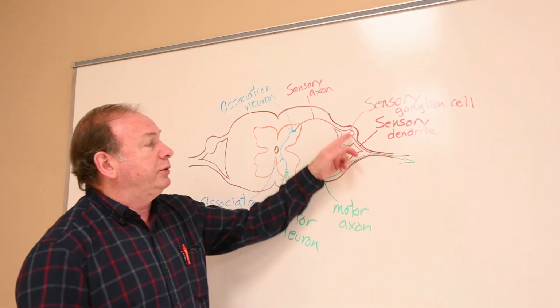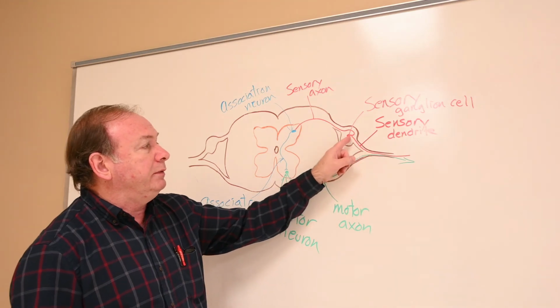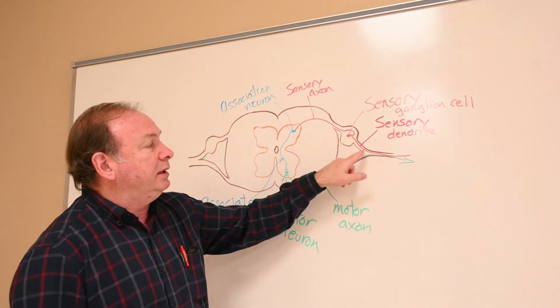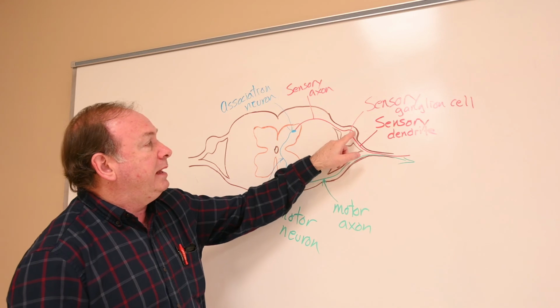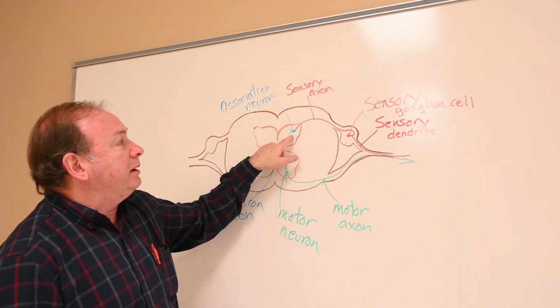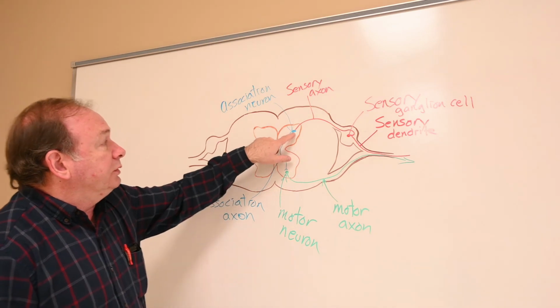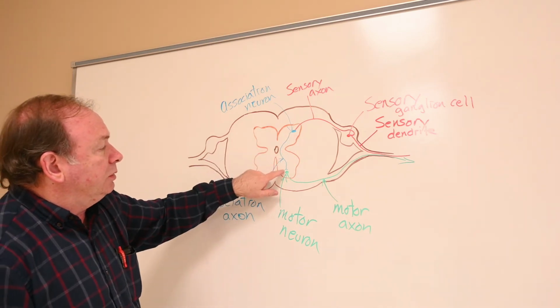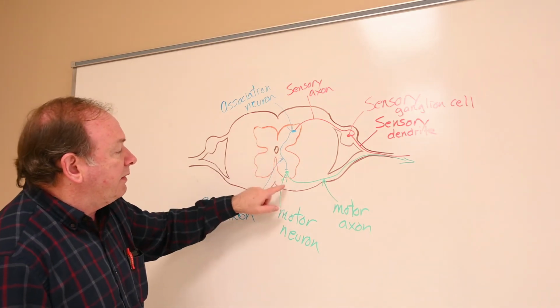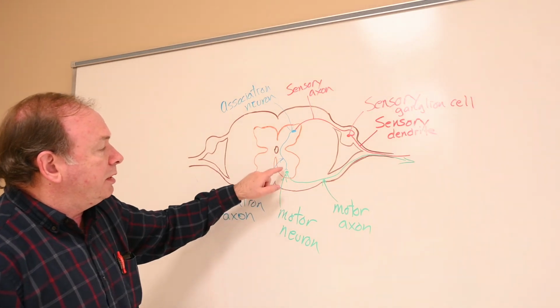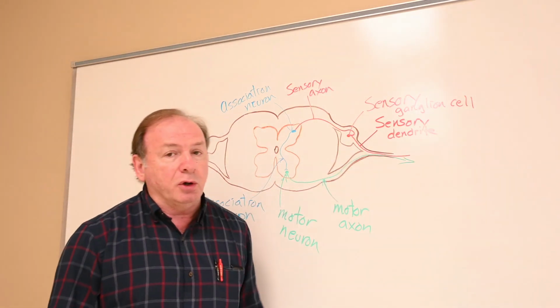Incoming information goes through the dorsal root of the spinal nerve to the sensory ganglion cell here, along that fiber, and then we relay into the gray matter with the sensory axon. There we meet up with the association neuron, which relays down to the ventral horn of gray matter, where we find our motor neuron, and the motor neuron then can initiate a signal to go back out.